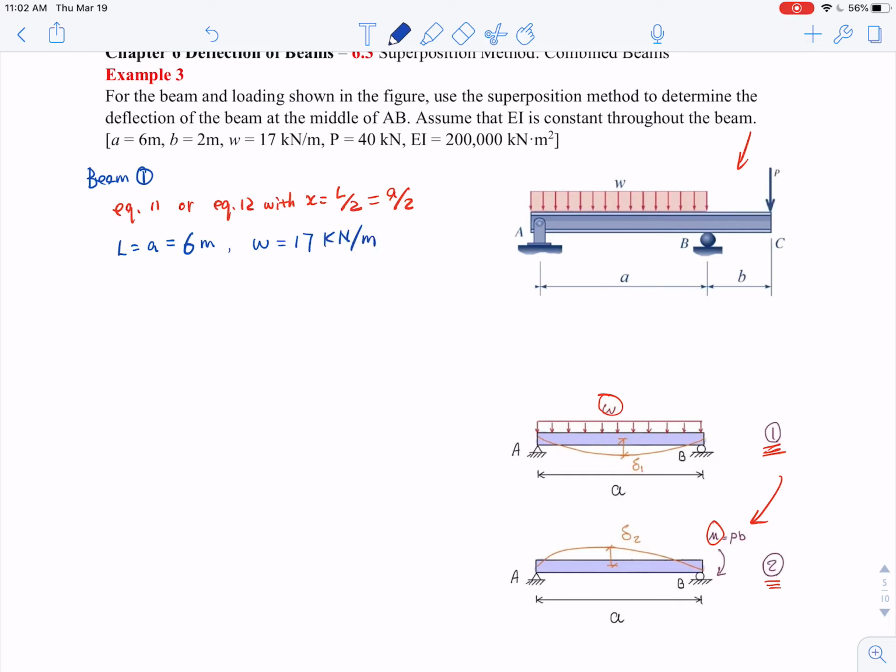We don't need to convert these numbers into millimeter, Newton, MPa, etc. Since, as we said for example 1, if you keep the units consistent, you don't have to convert them. We just use meter and kilonewton here, since the EI uses this unit system, kilonewton square meter. So we can keep meter and kilonewton everywhere.